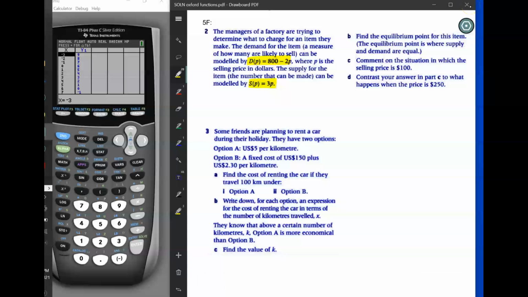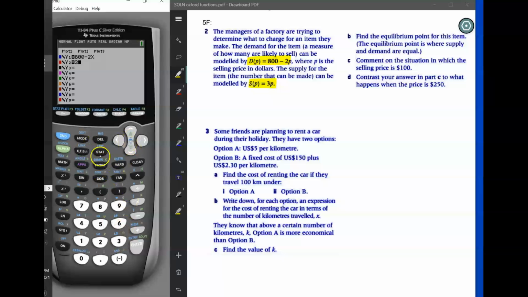So basically, we're going to put each of these into y equals. So the first one's going to be 800 minus 2p, but instead of p, we're going to put x.